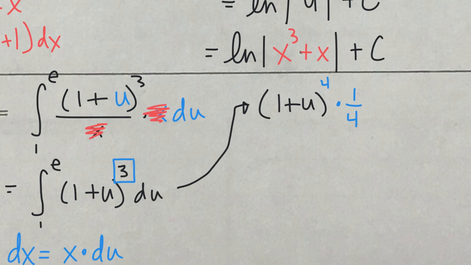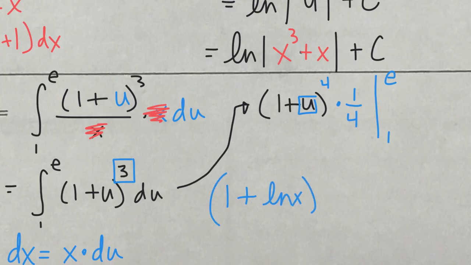We're trying to make things into a power rule because that seems to work for just about everything. So 1 plus u to the 4th power times 1 over 4, and we're going to evaluate that from 1 to e. Okay, so let's go back and replace u. U was the natural log of x raised to the 4th power, all divided by 4.